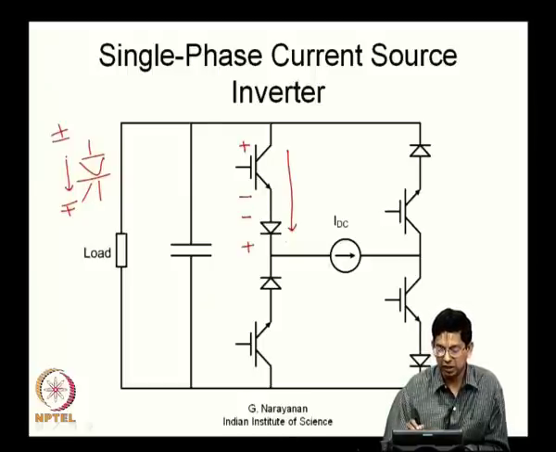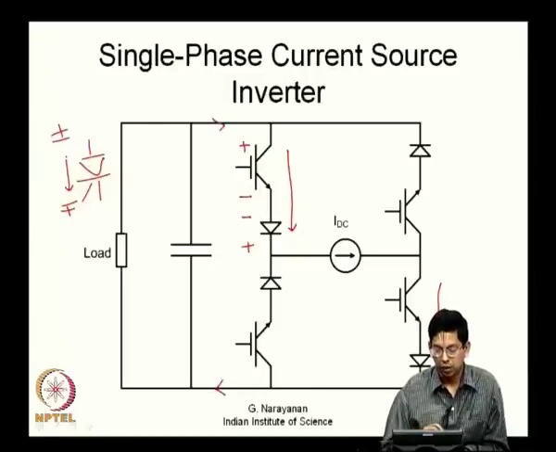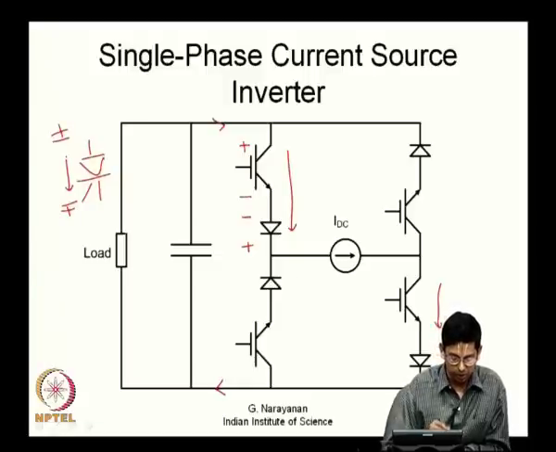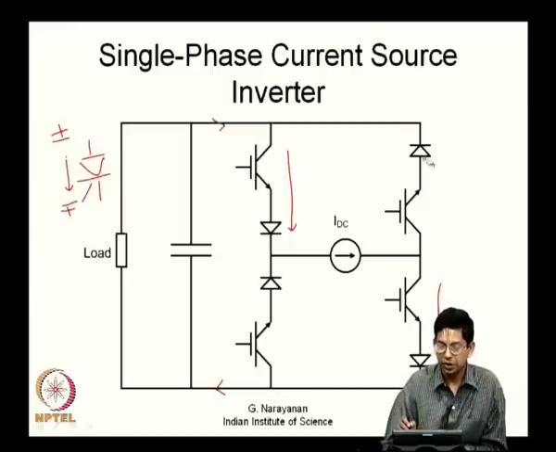So, if you have this conduction here, let us say these two switches are on, it will flow like this, and the current flows around this now. If it is again in this situation, let us just erase this part. Let us say the current is flowing like this. So, what happens here?